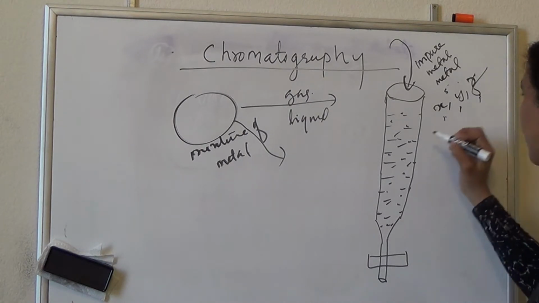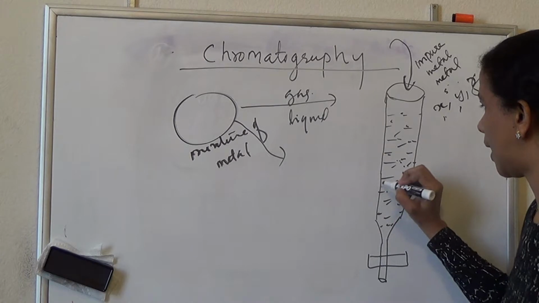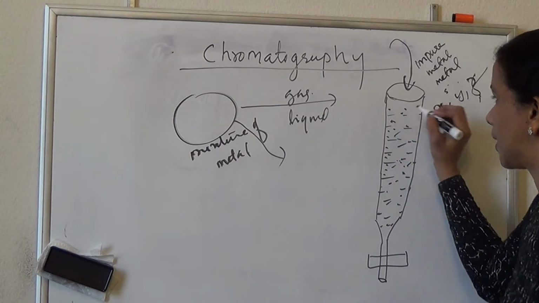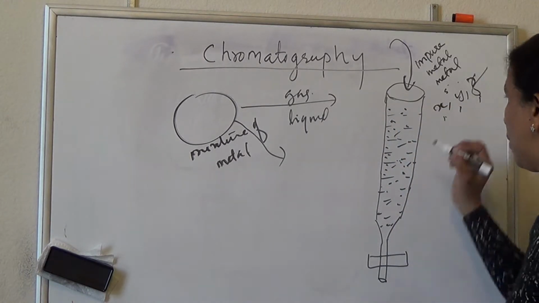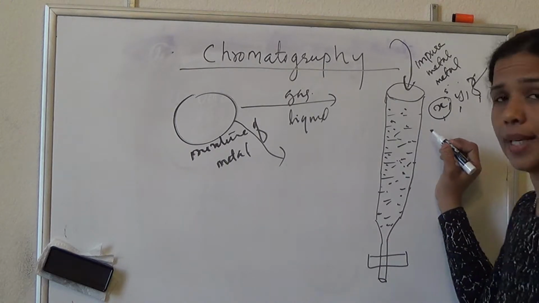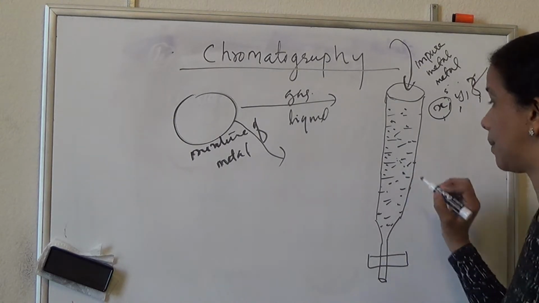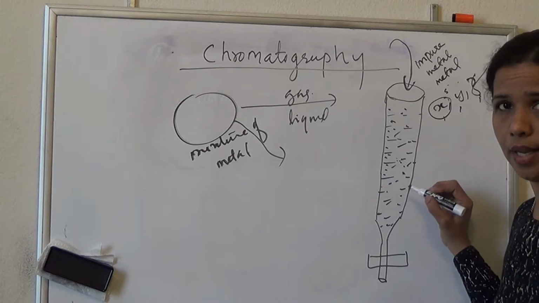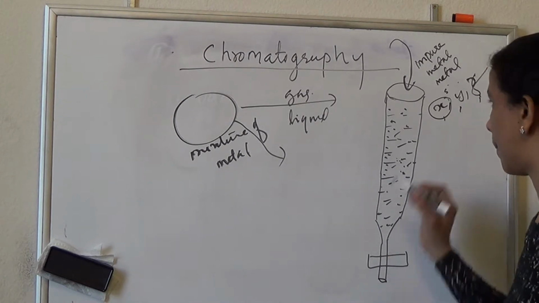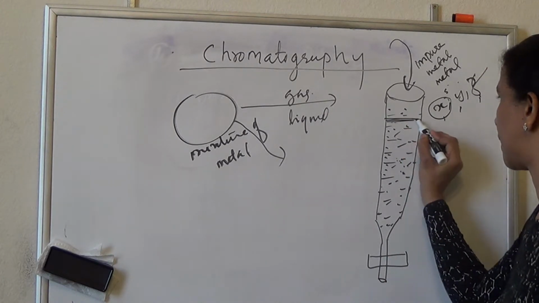All these have different adsorption rates to the adsorbent filled in this column. So if X has more adsorption affinity towards the particular adsorbent used in this column, it will stick first.